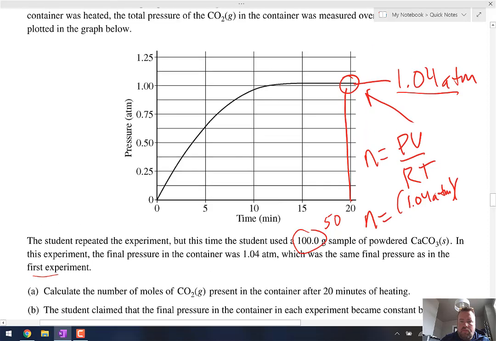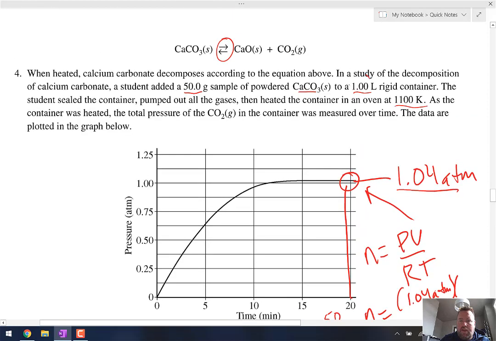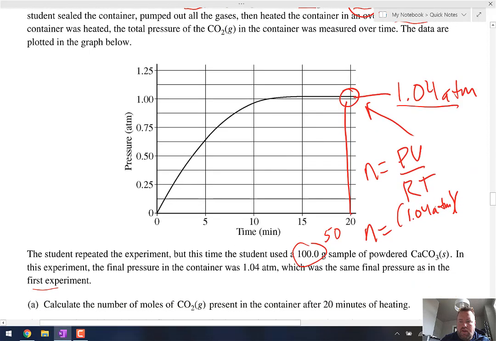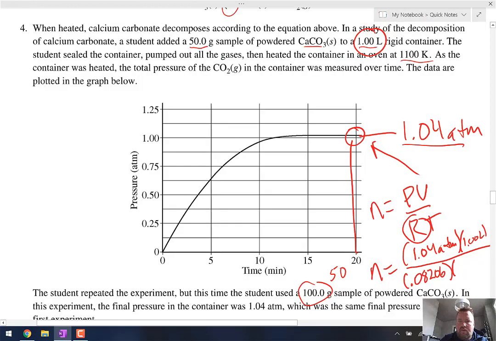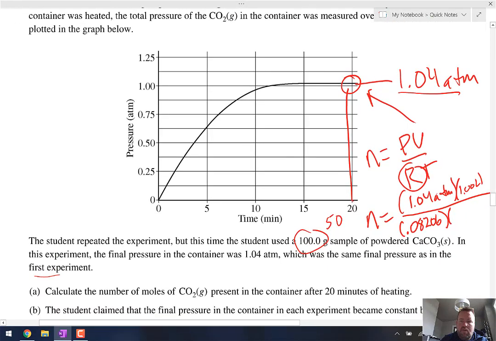The volume, let's go back up, is a 1-liter container, over the R value, 0.08206, times the temperature, which is 1100 Kelvin.